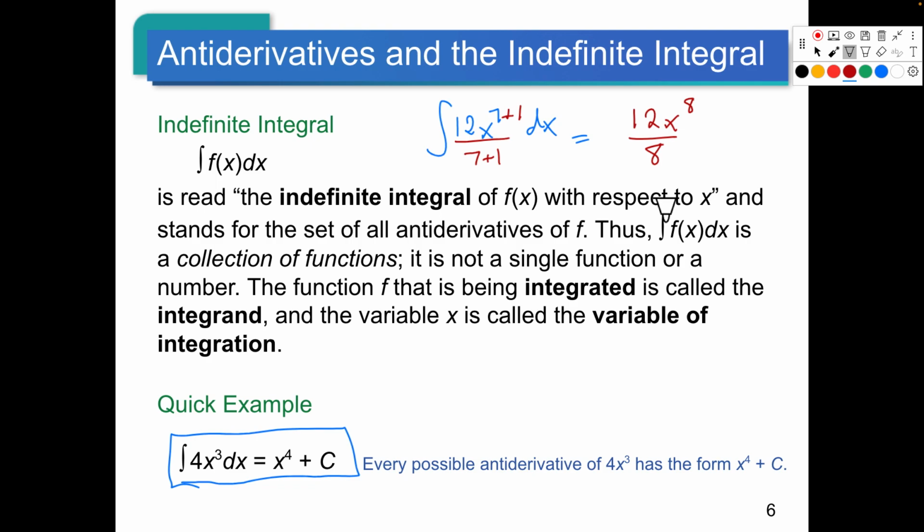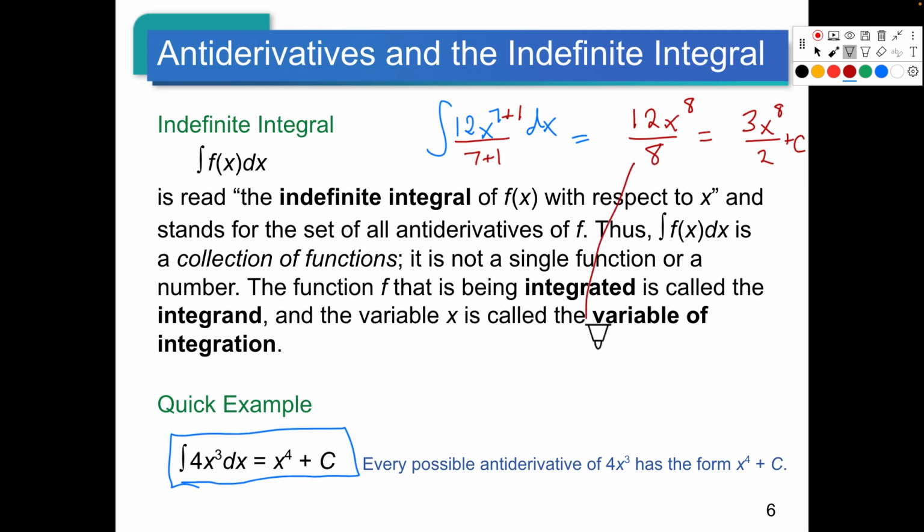You could reduce it, because 12 and 8 both have a 4 in there, so why don't we go ahead and do it? Plus a constant, but 4 goes, so that gets 3x to the 8th over 2. And again, we've lost some things, and then we could put plus a constant. That might be the answer that they're looking for.